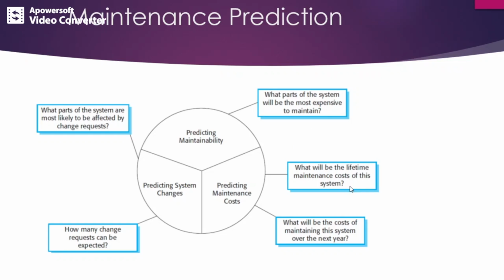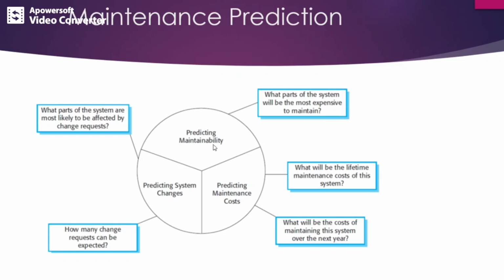Now you have developed a new system. You think that you want your system to be used for 15 years. And what might be the maintenance cost over those periods? What will be the cost of maintaining this system over the next year? So immediate year. You have developed the system just now and you have to analyze the maintenance cost required for the next upcoming year.